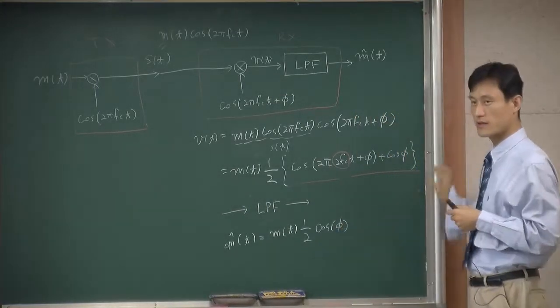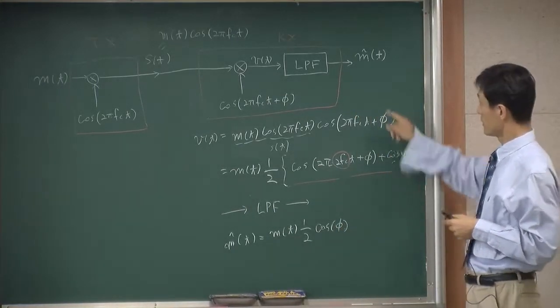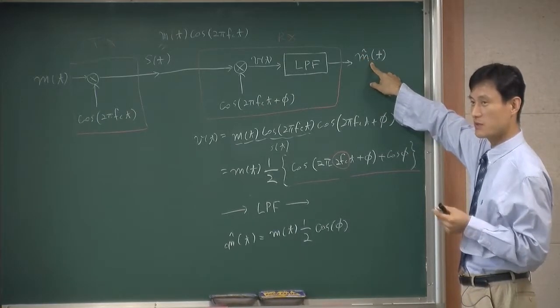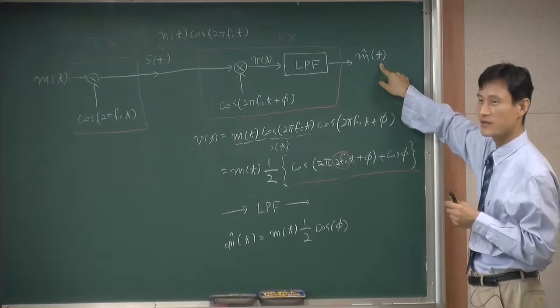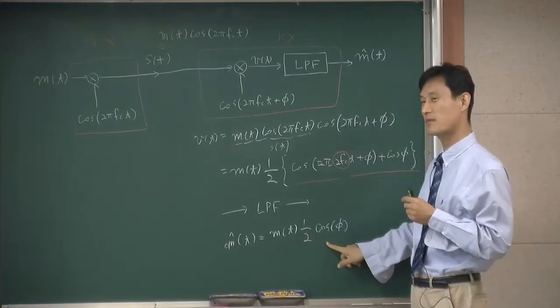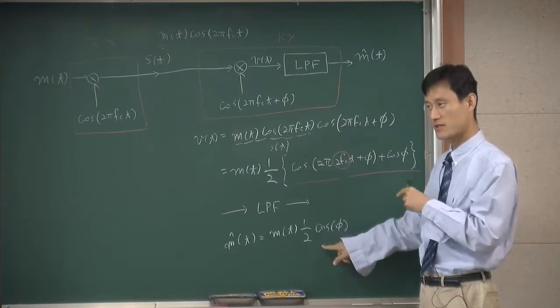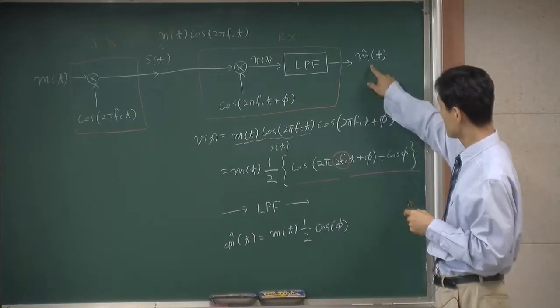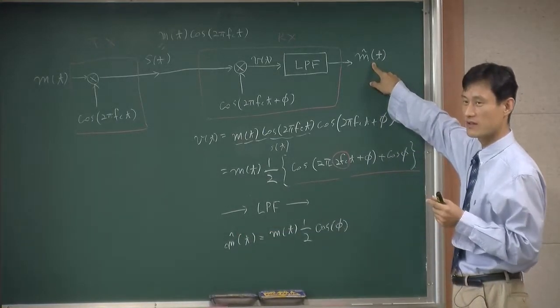So that's what we get. The reason that I say m hat t is because ideally speaking, we need to get m(t) right here. But this is not exactly the same as m(t). It's just pretty much similar, right? That's why I'm saying m hat t, meaning it's an estimation of m(t).